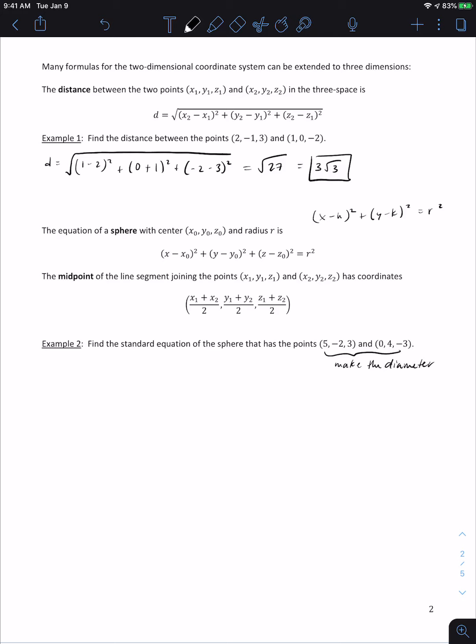Because first and foremost, if I want to find the center, those are 2 points that make up the diameter, the 2 endpoints of the diameter. So the way the question is phrased in the book, I apologize, has the points as endpoints of the diameter. So I should finish out the question.